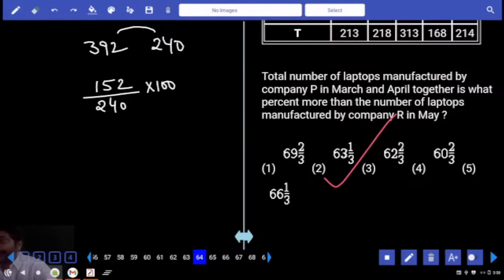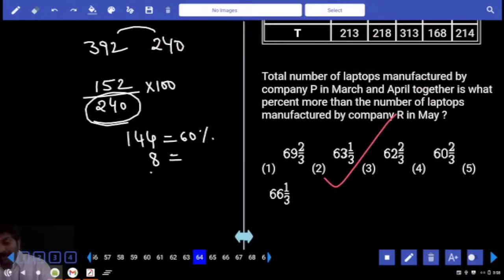What is 10%? 24. So far this is 60%, right? How much more we need to add? 8. What is 10%? 20. How do you get 8 using 24? By 3. Correct? 10% by 3. 63 1 by 3.